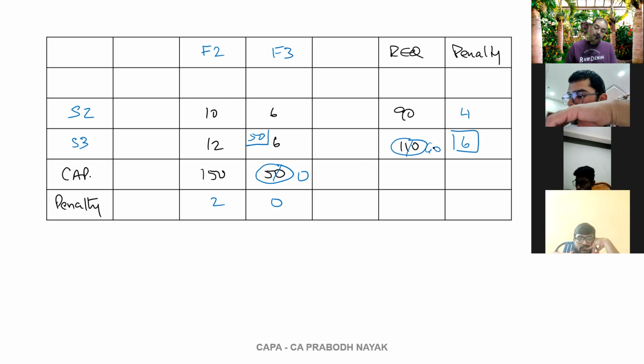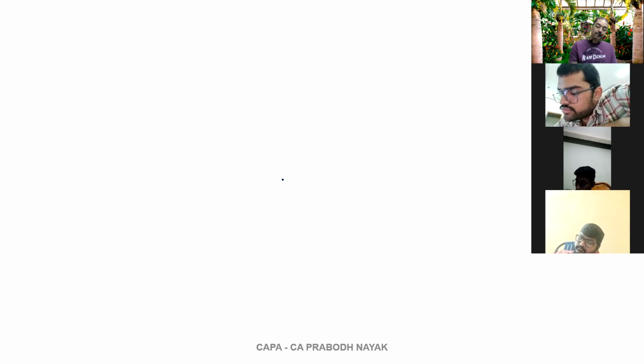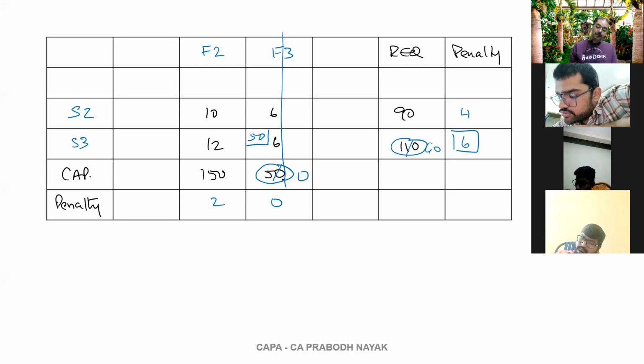Okay. Now F3 will get cancelled. F2 remains with S2 and S3. Continue the table.